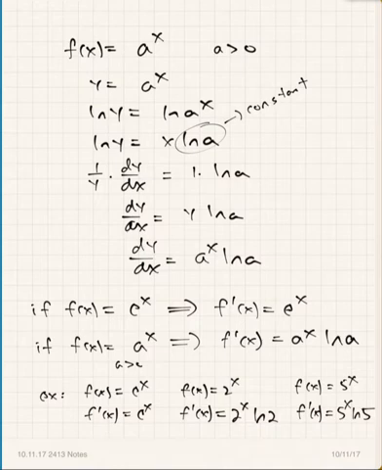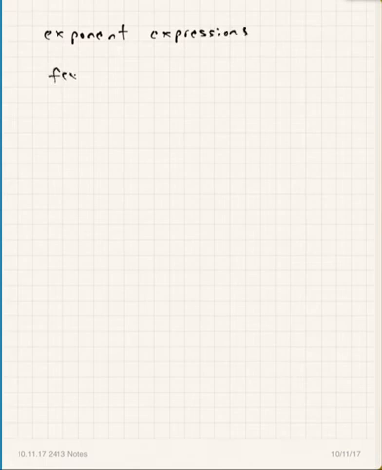All right, so kind of summarizing exponent expressions then, as far as derivatives. So if you have f of x equals a to the a, that's just a constant, right?